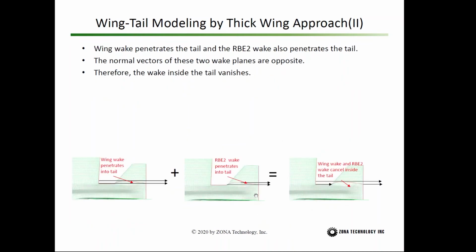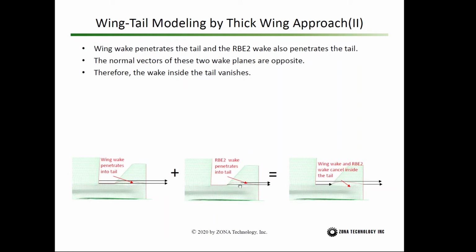Why? Because you have the wake surface from the wing trailing edge penetrating into this portion of the tail. Then you specify the RBE2 around here, and RBE2 also creates a wake surface. This wake surface also intersects with the tail. However, the normal vectors of this wing wake and this RBE2 wake are opposite.